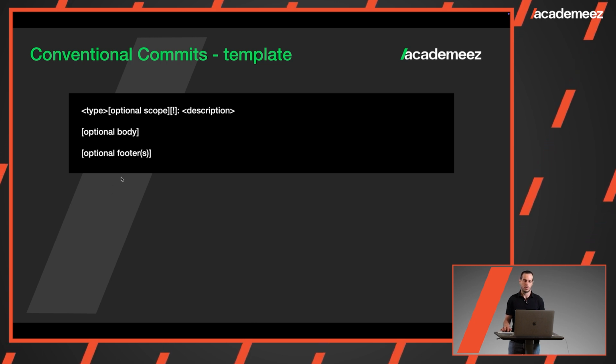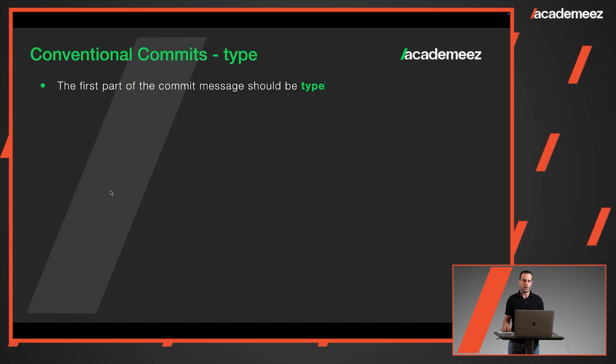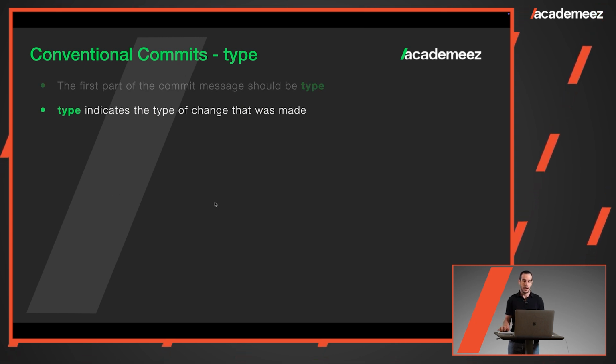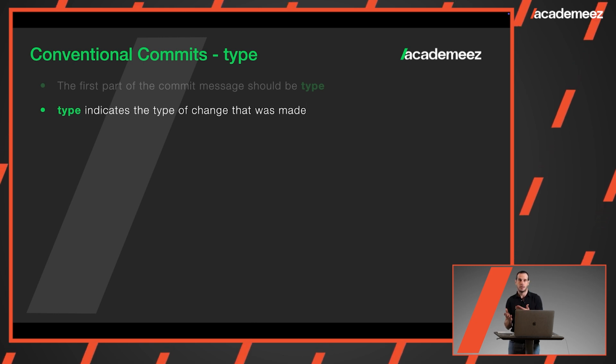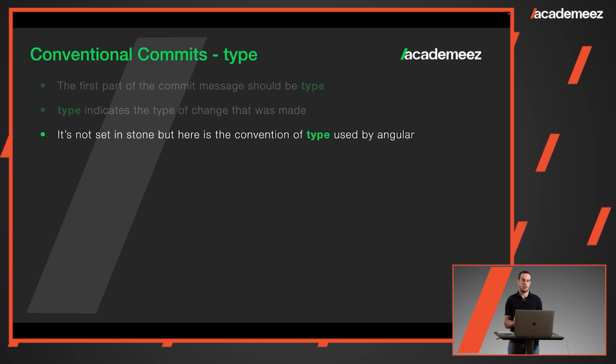So let's talk about those sections, starting with the type. The type is the first part of the commit message. It's required in every commit that you create with conventional commits, and it basically says the type of change that this commit introduces. It's not set in stone, though.